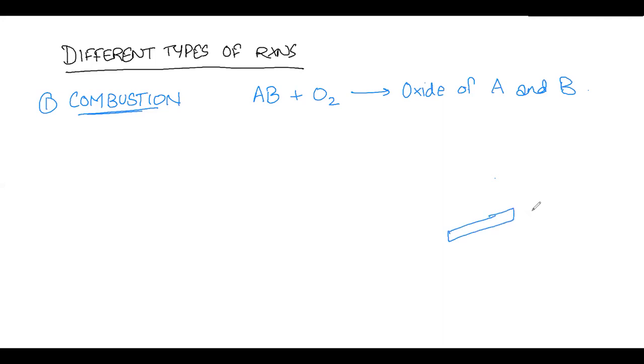It is kept in air, and air has O2. As I told you, there are always changes around us. Similarly, when this magnesium ribbon is kept in air, we only consider O2 whenever we consider air.